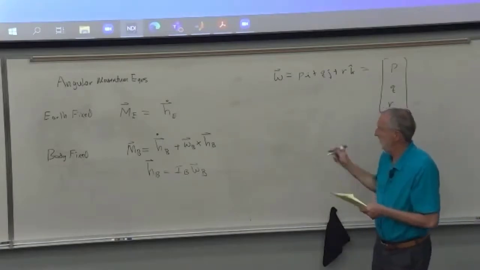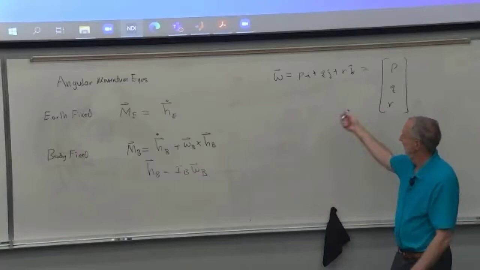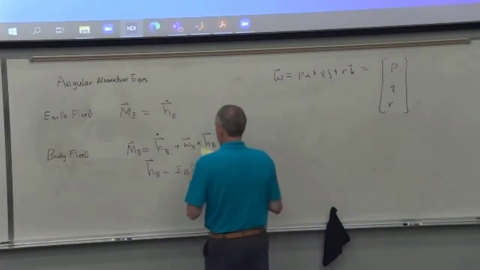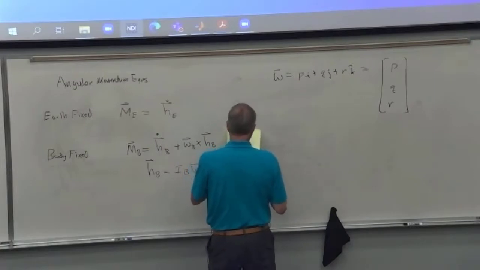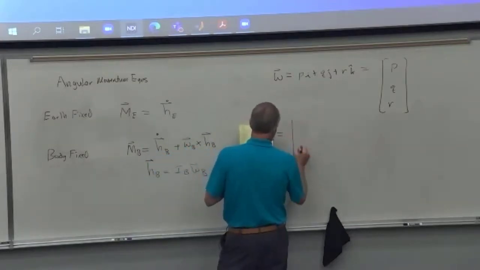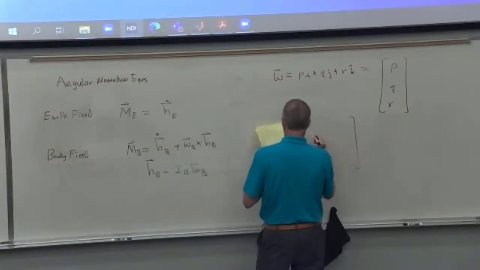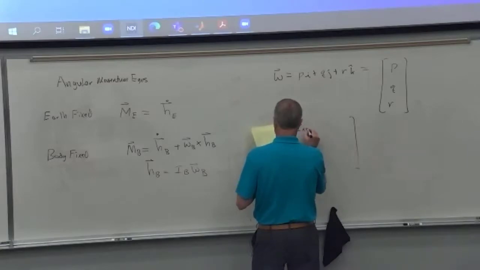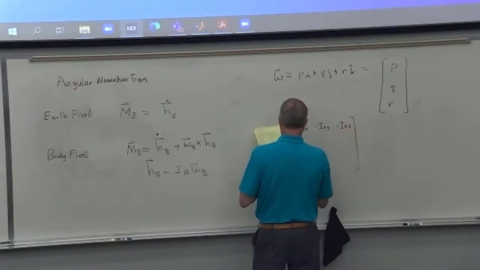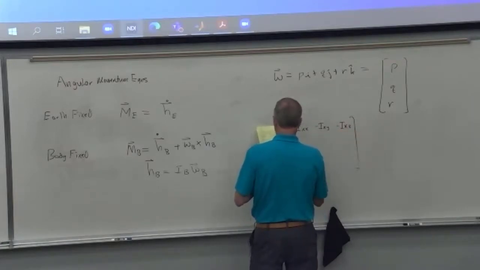So all of this is just dynamics. There's the omega vector. The sum of the moments is the derivative of I times omega. And then I in the body fixed axes are these mass moment of inertia terms.